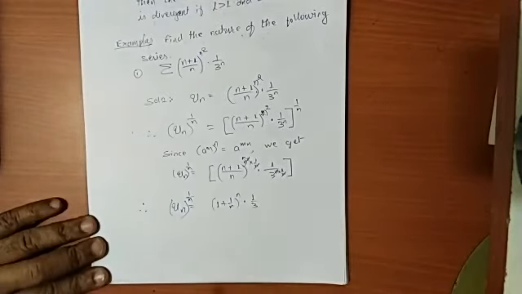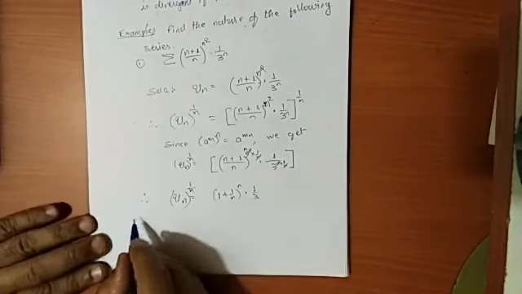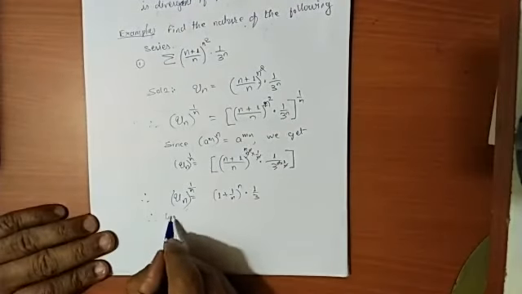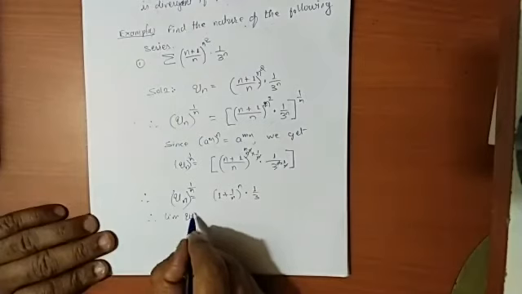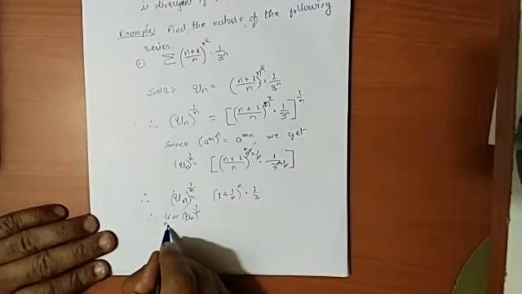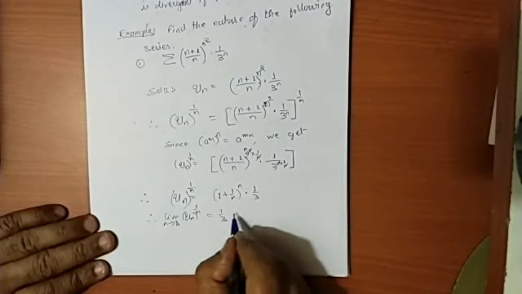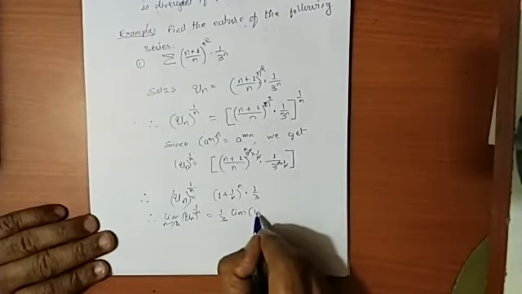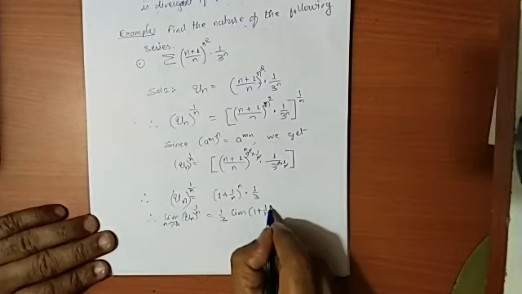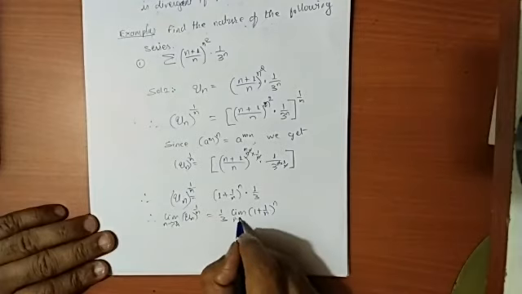Therefore, limit of un raised to 1 by n as n tending to infinity will be equal to 1 by 3, a constant, times limit of (1 plus 1 by n) raised to n as n tending to infinity.